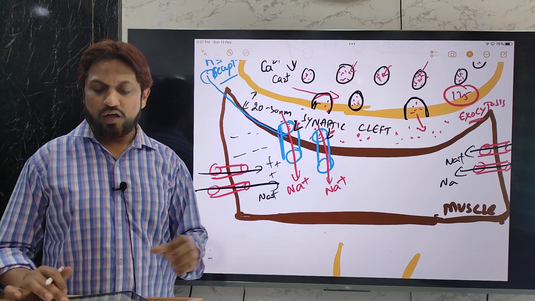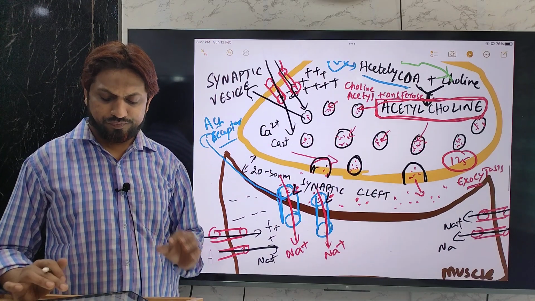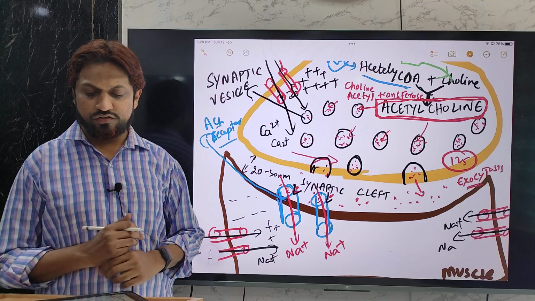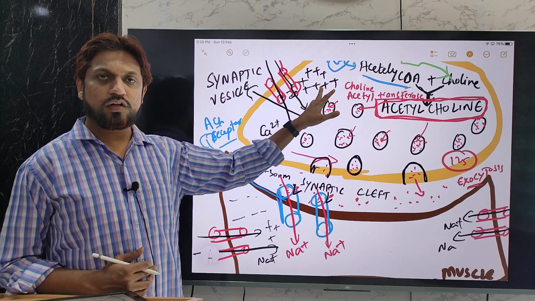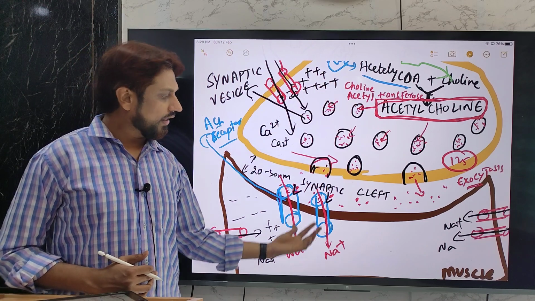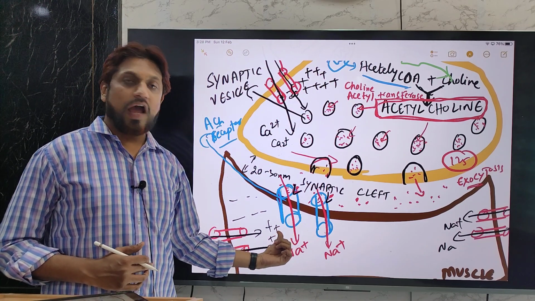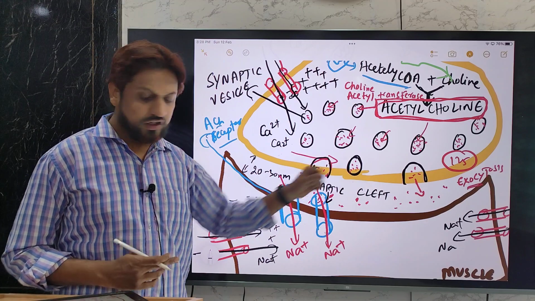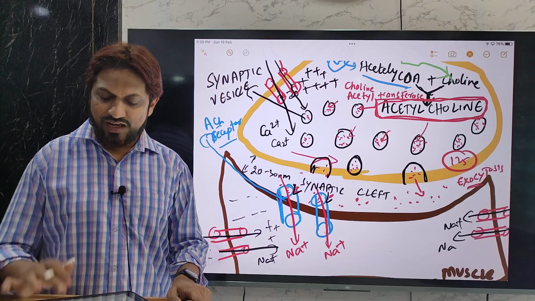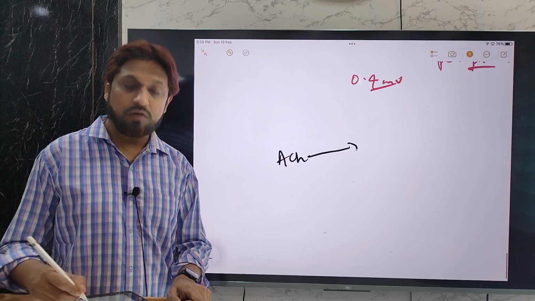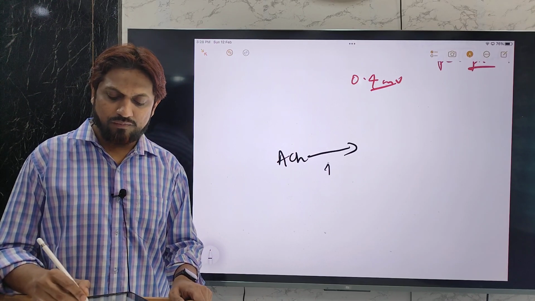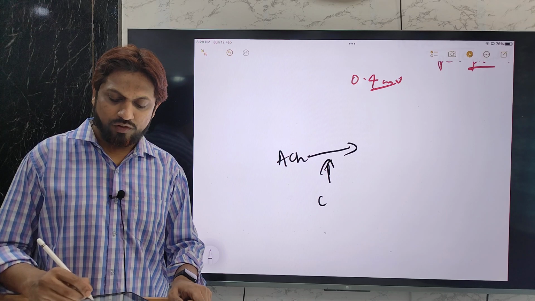Right now, in this particular topic of neuromuscular junction, we have discussed how exactly the action potential which reaches the neuronal cell ending is transmitted into an action potential of the muscle cell. Then what is the fate of this acetylcholine? This acetylcholine which was released can be broken down by a very important enzyme, acetylcholine esterase.